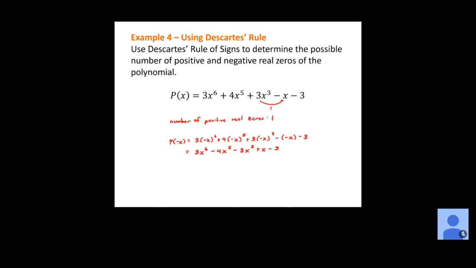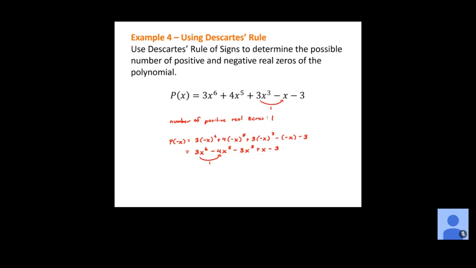All right, now we count up the sign changes for p of negative x. So we start here, we have a positive, right? That's the first term. Now, right off the bat, I go to a negative. So there's one sign change just from the first term to the second term. Then my next term is still negative, so it did not change signs.